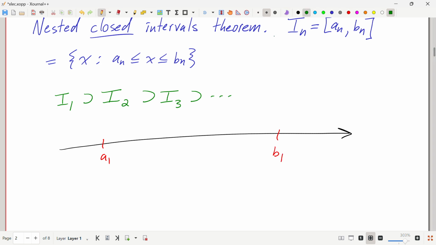And then we have another one that's contained in that. So that would be a2, b2. Here's a picture of that. And then a3, b3. I could have this next one contained in it if the b3 was the same as the b2. So they'd both be the same. That would be okay.